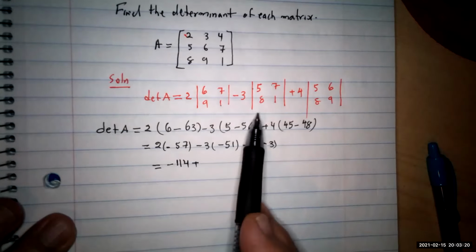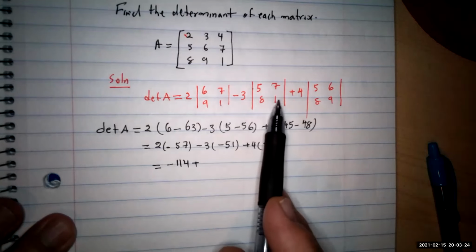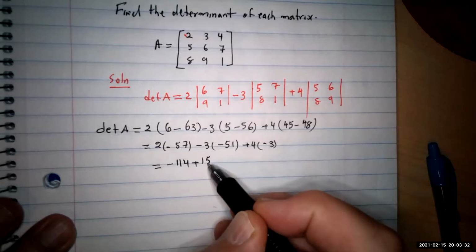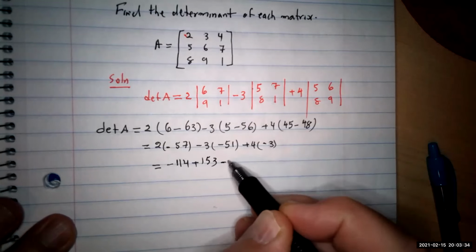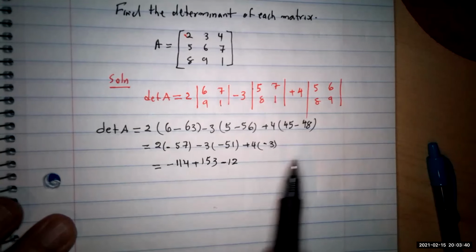Just double check this one. 5 minus 56, okay. That's correct, giving me 157... and just check this one. Yes, that's okay.